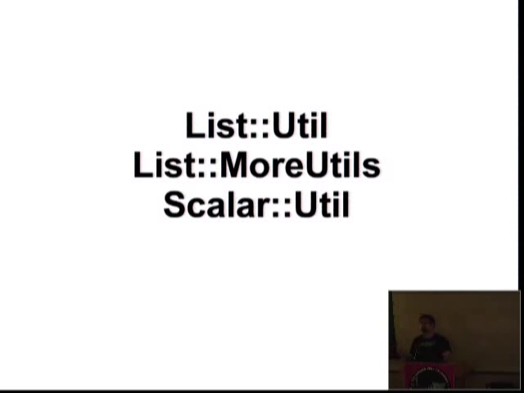List::Util is especially good because it uses the map and grep style of functions that it exports. But you get things like reduce, first, any, all, for checking membership in a list or array, and for doing various processing on things.